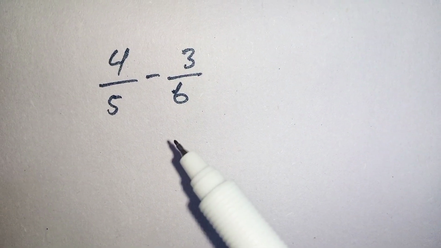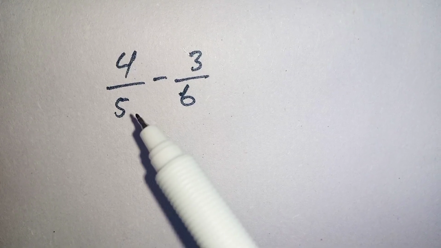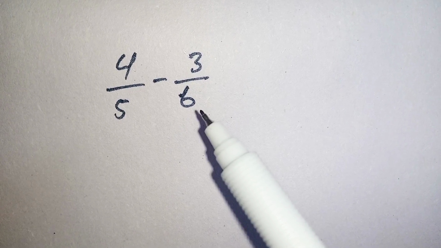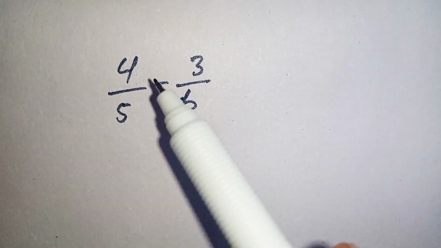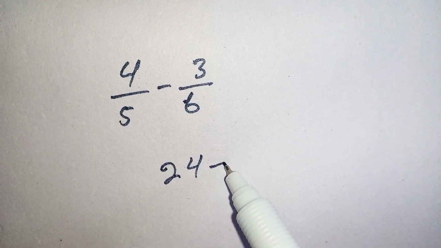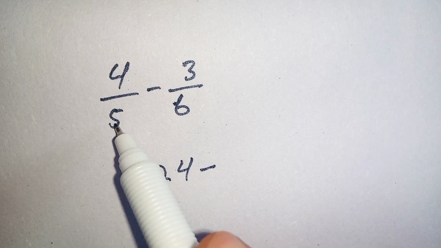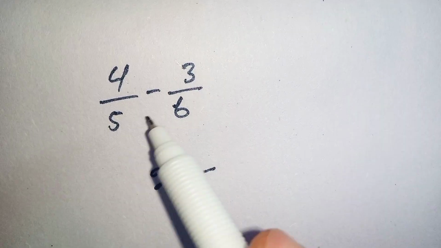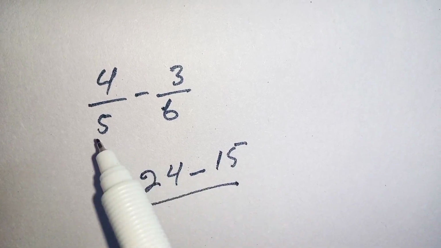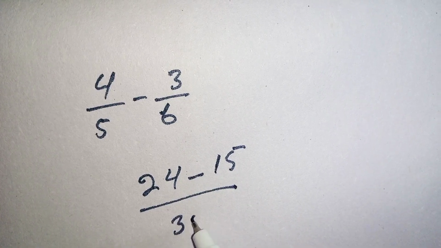Now the same trick can be used for the subtraction of fractions with different denominators. Here we see that one denominator is 5, and the other denominator is 6. So simply we will multiply the 6 with 4, which is equal to 24, minus, because here the sign is minus, and multiply this 5 with this 3, which is equal to 15, divided by, multiply this 5 with this 6, which is equal to 30.